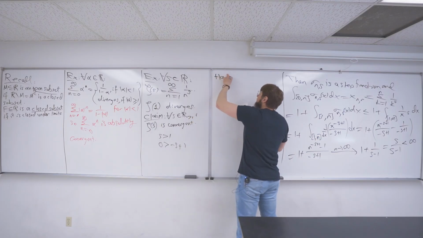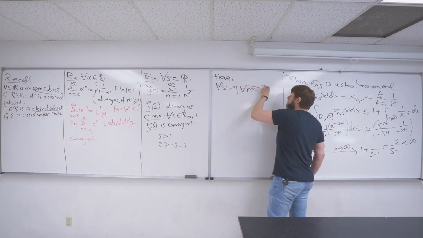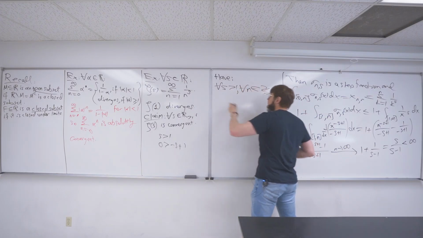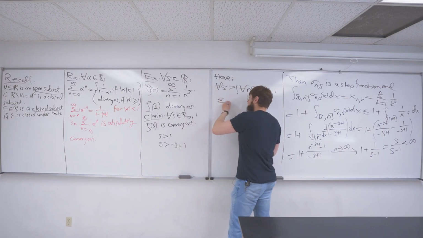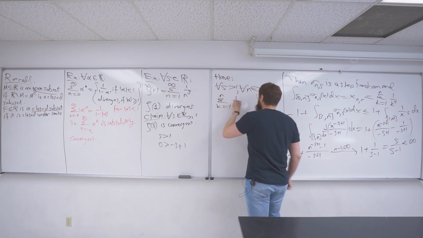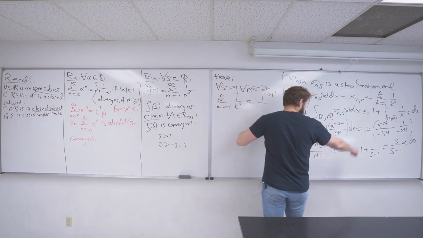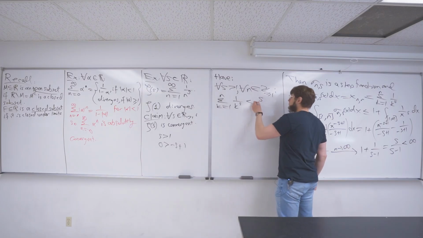So far we have that for any s greater than 1 and for any n, the partial sum until time n is upper bounded by this expression, which is a finite number.